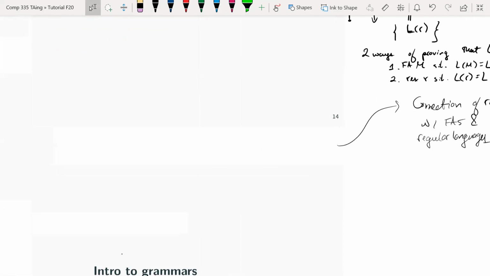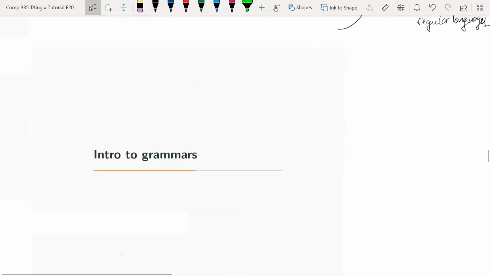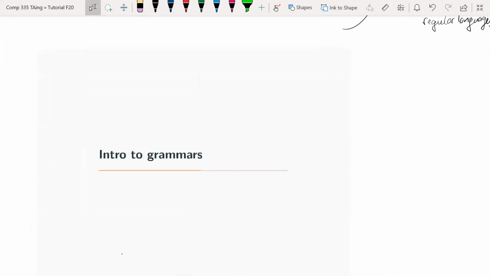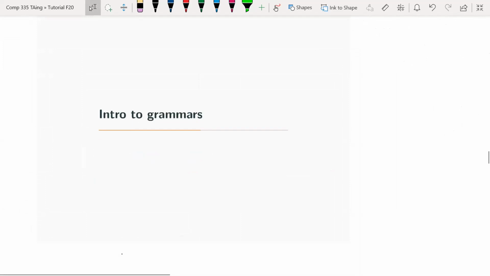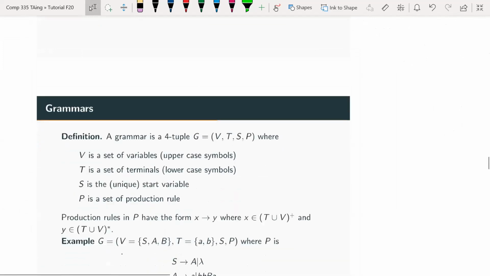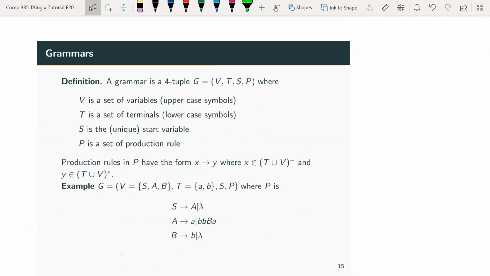And now we're going to see a third method, which relates to grammars. This is where I'm going to introduce grammars, in particular linear grammars and regular grammars. So what is a grammar? Let me give you the formal definition to refresh your memory.